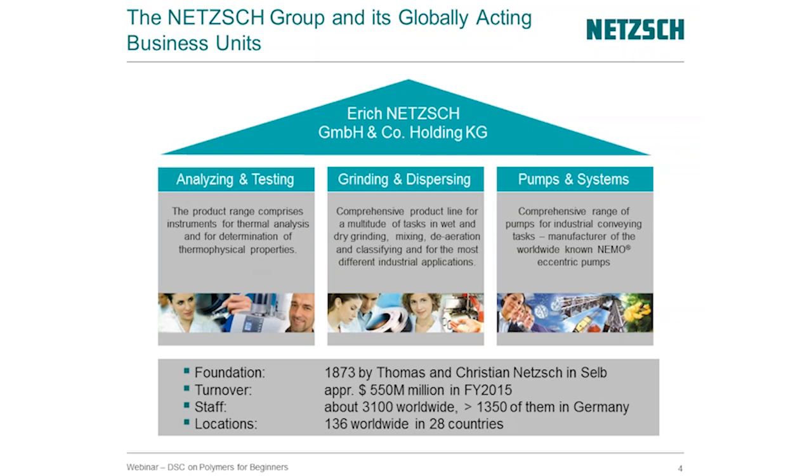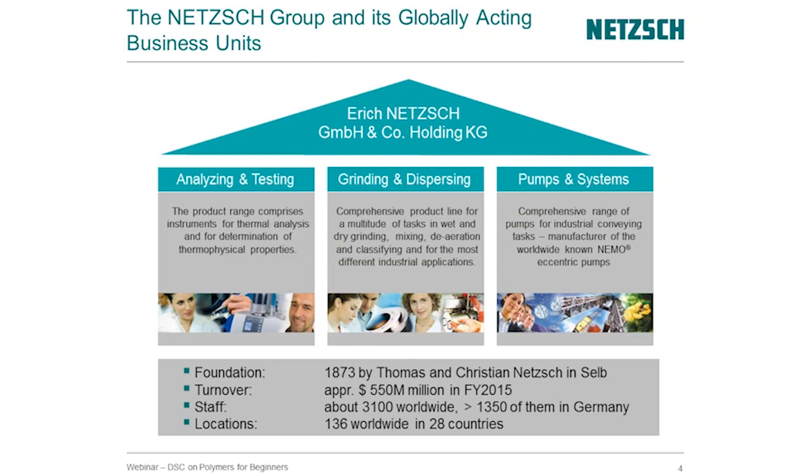The two sister divisions of the company are grinding and dispersing, and then also pumps and systems that you'll see here. I won't go into too much detail on that, but suffice to say, the company got its start back in the 1800s in this area of Bavaria in Germany that's quite famous for high-quality porcelain production.